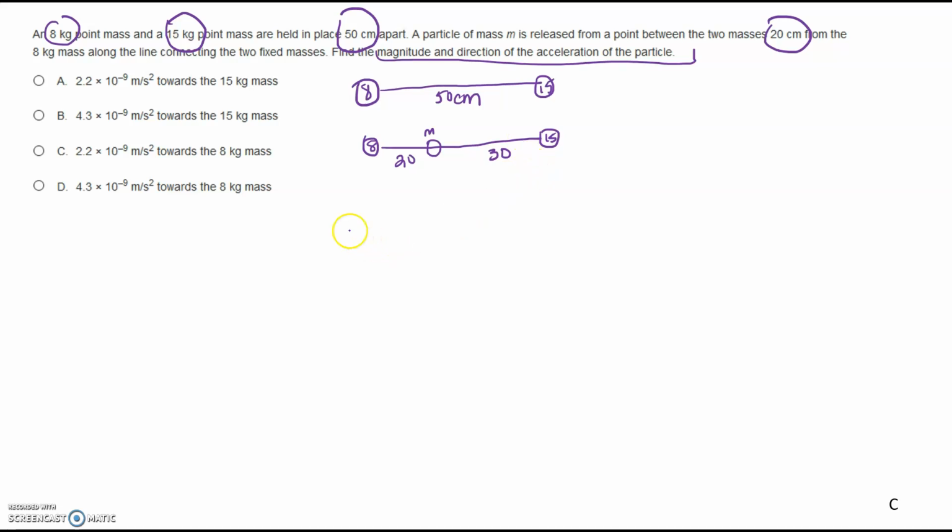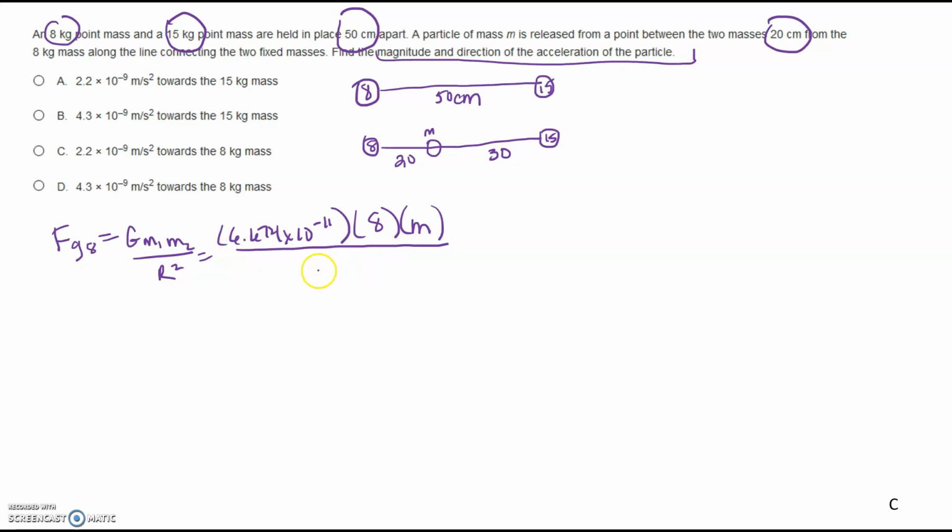So what I did was I said, okay, the force of gravity on the 8 kilogram mass here in scenario 2, same formula we've been using. So same gravitational constant. I have 8, and then I just made m the other mass. And r squared is going to be 0.02 because it's got to be in meters, and I end up with 1.33 times 10 to the negative 8 m, because we don't know what that mass is.